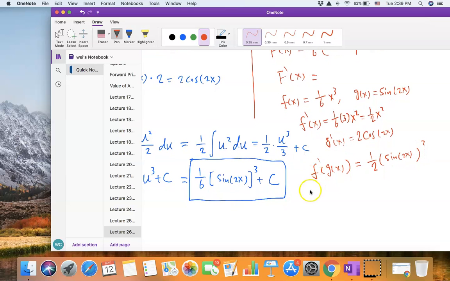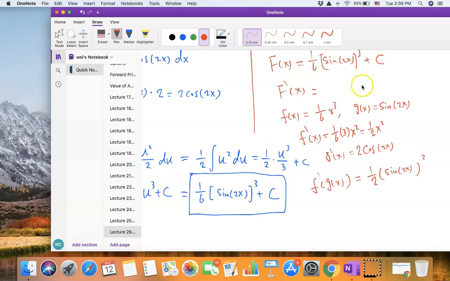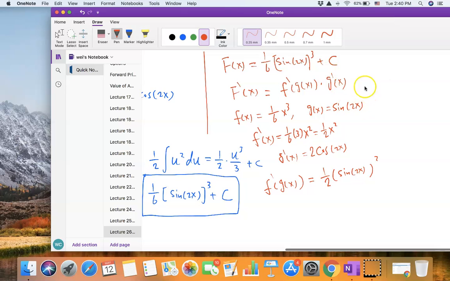And the derivative of capital F is going to be 1 over 2 times sine of 2x squared multiplied by the derivative of g, which is 2 times cosine of 2x.